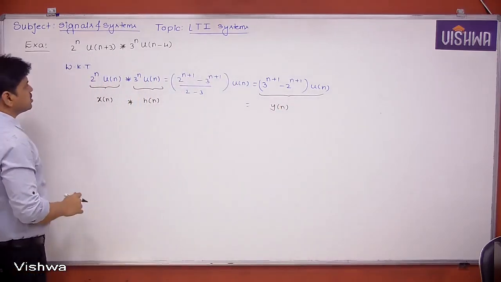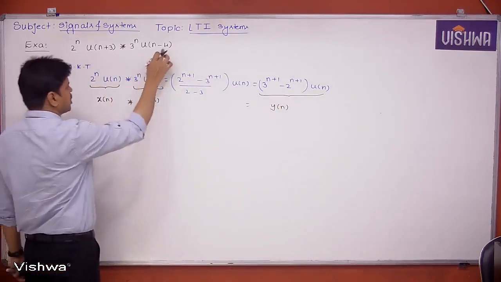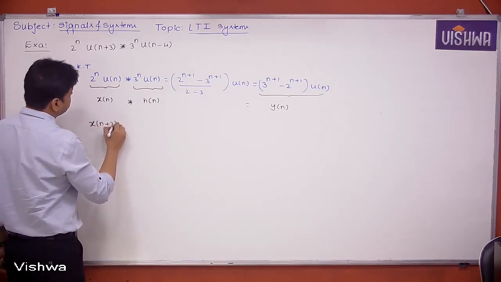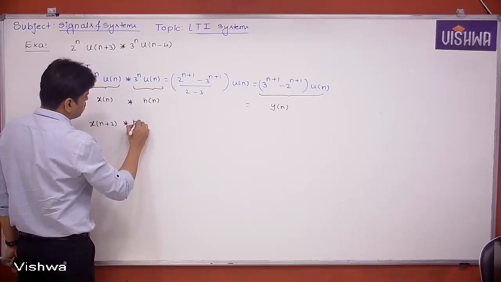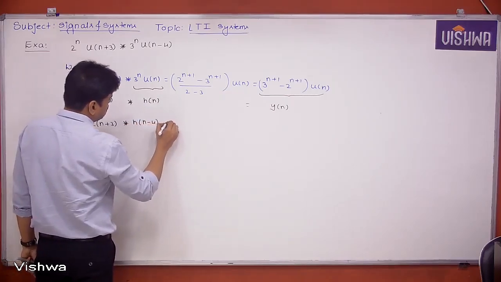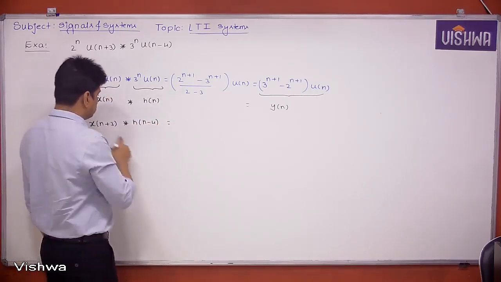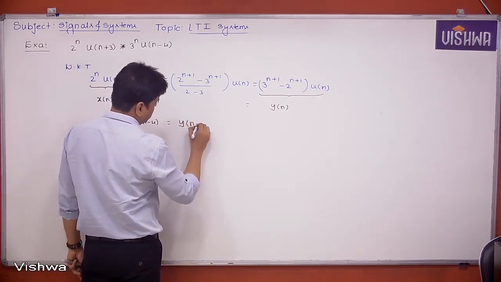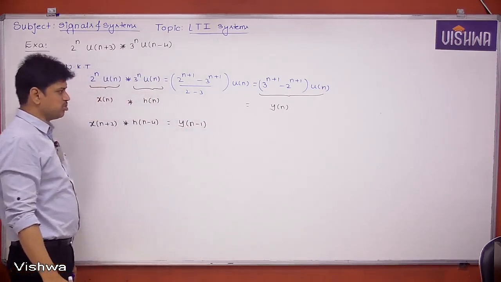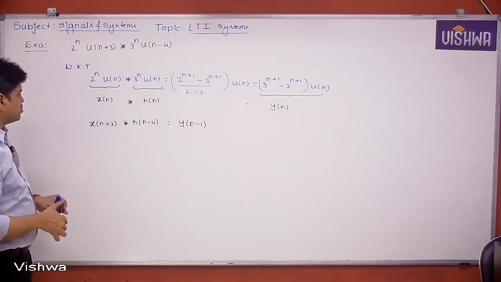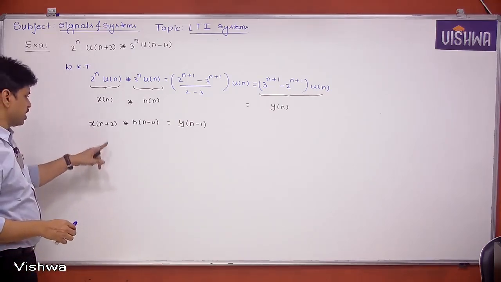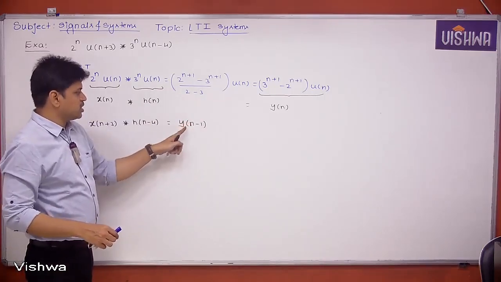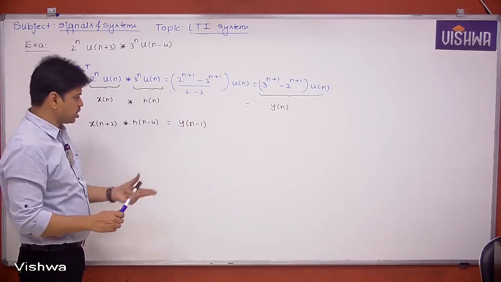Then if I insert shifting n plus 3, n minus 4 here, that is x of n plus 3 convolution with h of n minus 4, then what about y of n? n plus 3 minus 4, which is nothing but n minus 1, y of n minus 1. So wherever n is there, that has to be replaced with n minus 1. Now I am just substituting: wherever n is there in x, n plus 3; in h, n minus 4; and in y, wherever n is there, that has to be replaced with n minus 1. That's what we have to do.